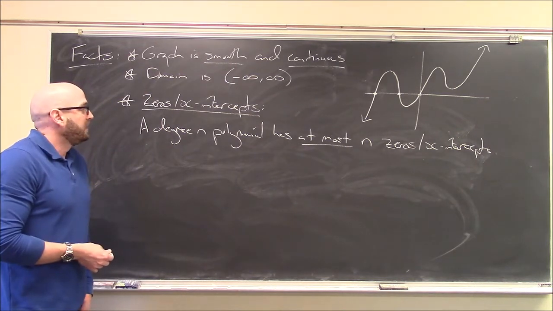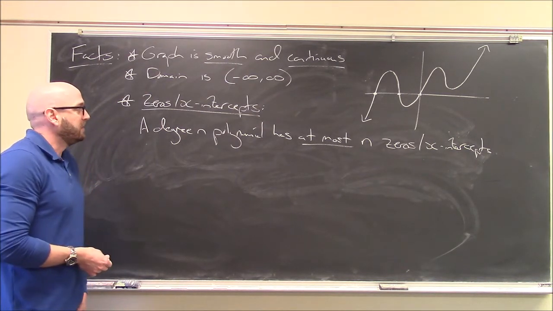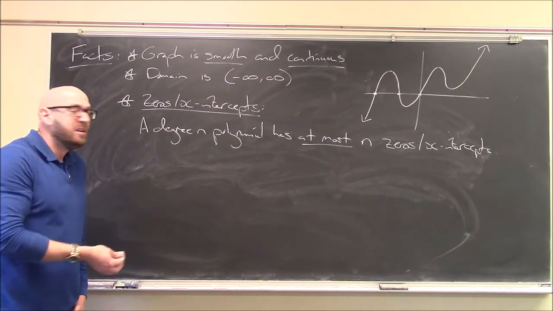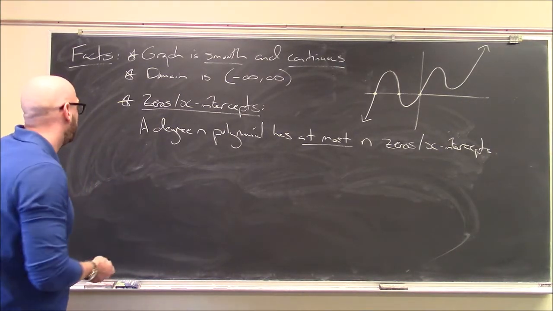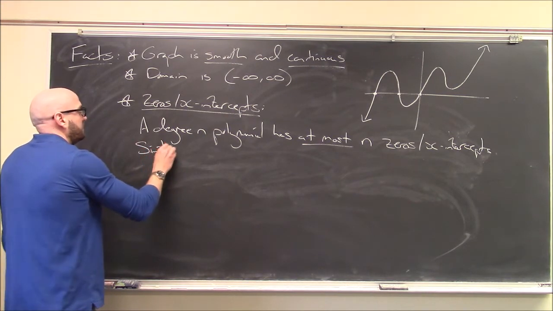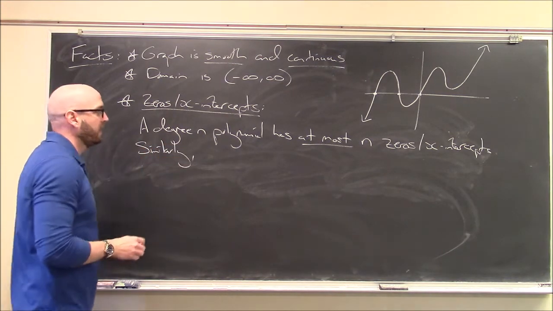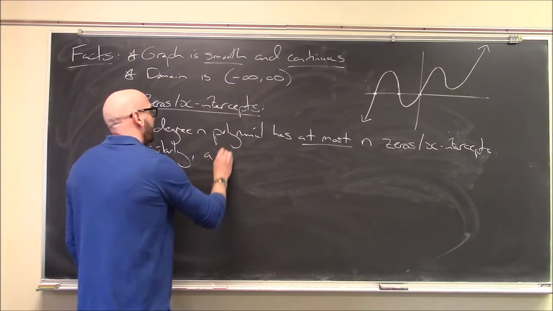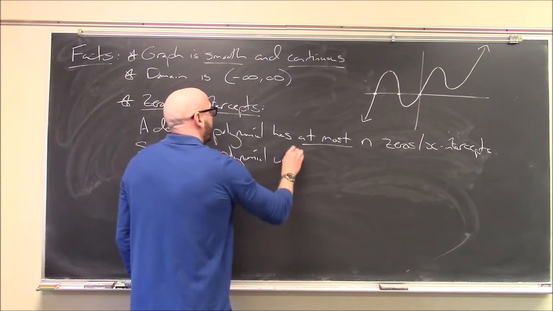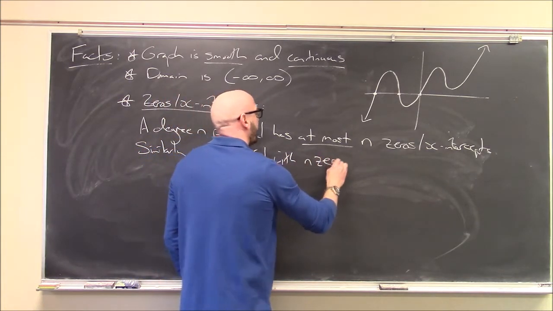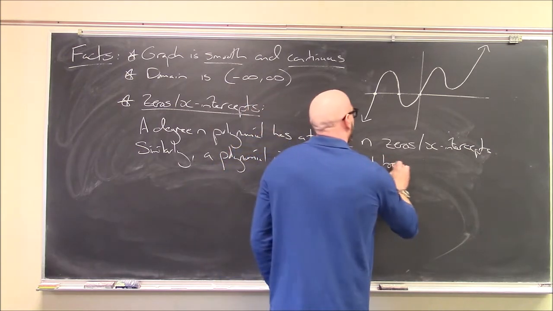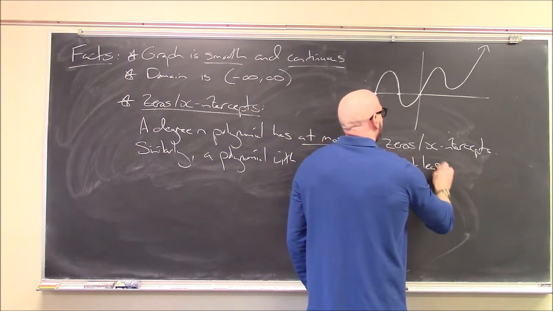All right, so this is one of the most important facts: the degree gives you a limit on how many possible zeros you can have. And similarly, a polynomial with n zeros must be at least degree n.